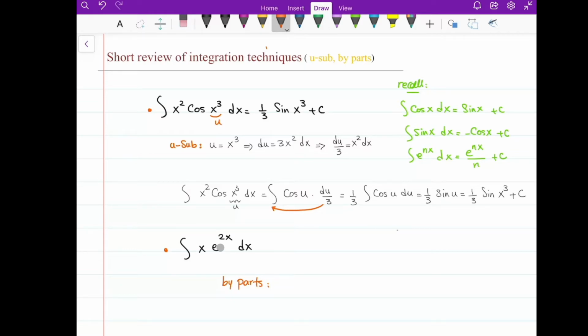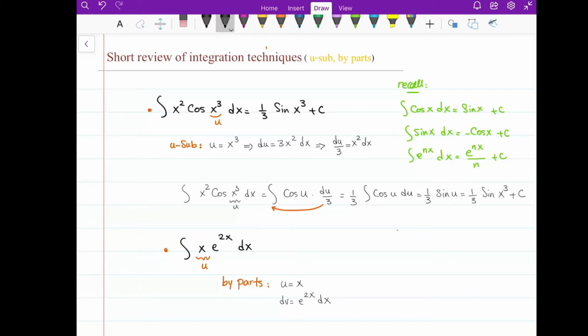Well, I'm gonna take a function as my u, then the rest of the integrand would be my dv. So I take something as my u to make my life easier. I'm gonna take u to be equal to x, and then the rest of my integrand would be my dv. So dv would be whatever is left, e to the 2x dx.